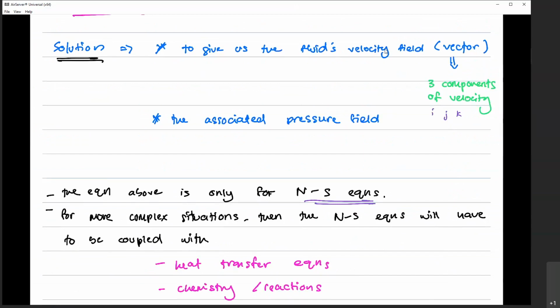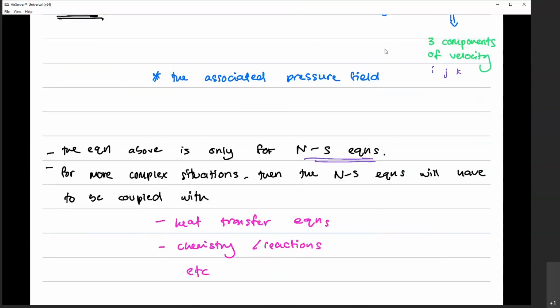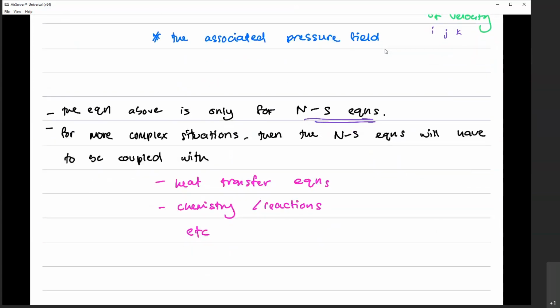looked at before. For a more complex situation, we can also include in the Navier-Stokes equation, or couple together, other equations to solve other problems, such as heat transfer equations or chemistry, where we want to look at the reactions involved in some mixture, for example.